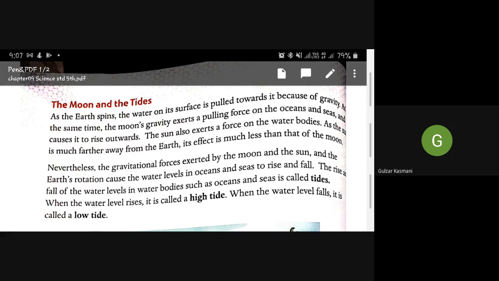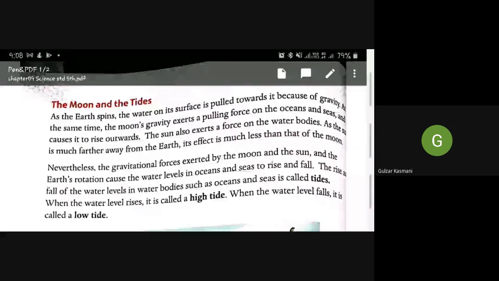The moon and the tides. As the earth spins, the water on its surface is pulled towards it because of gravity. At the same time, the moon's gravity exerts a pulling force on the oceans and the seas, and causes them to rise outward.